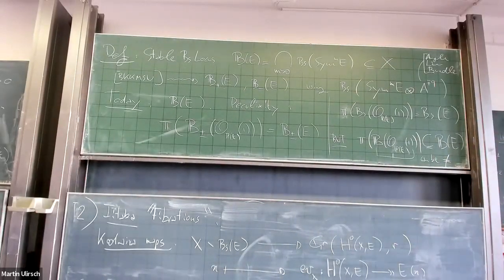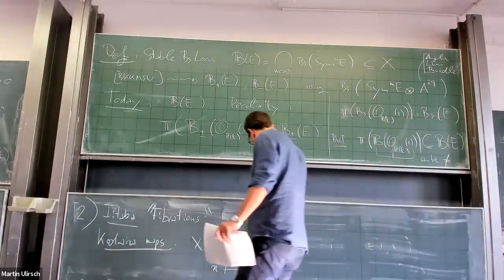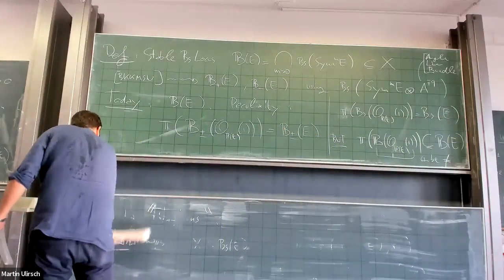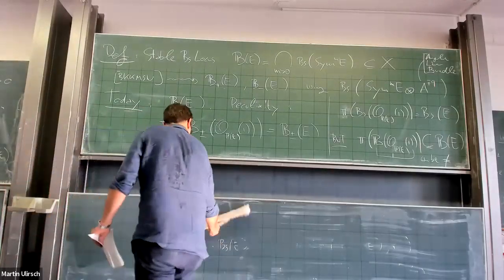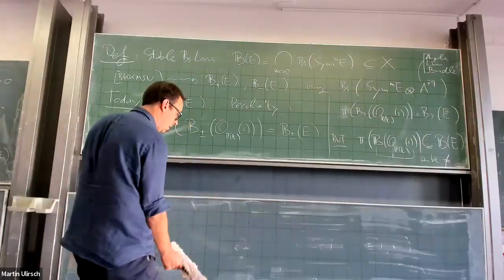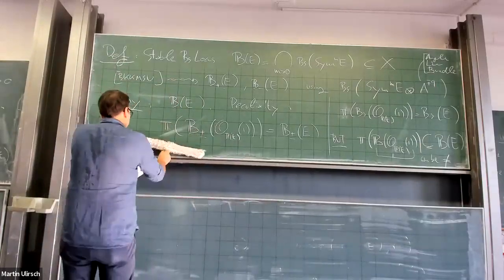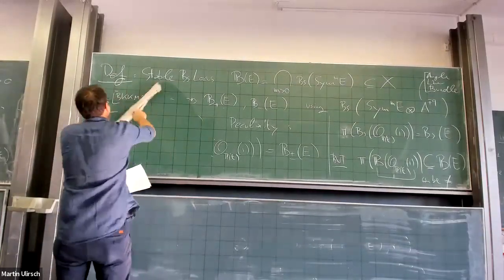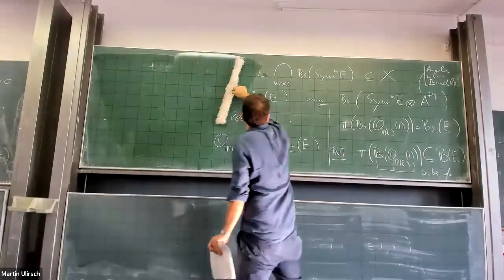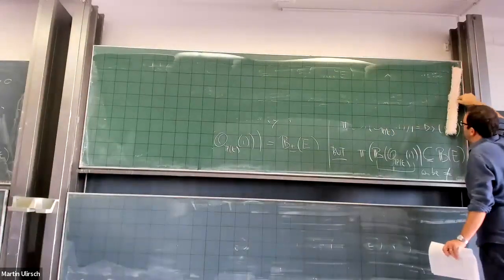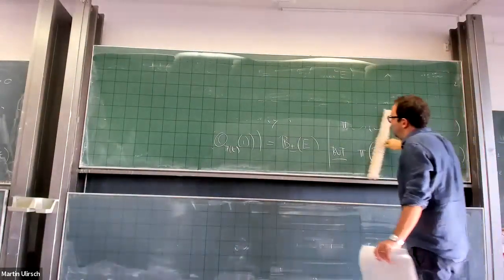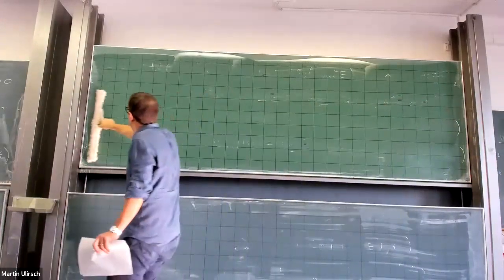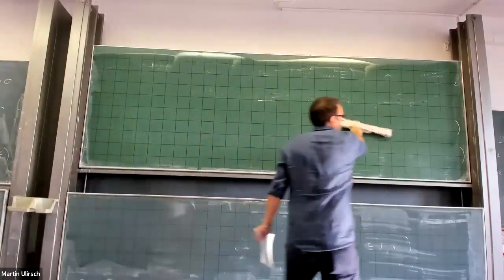Then we can consider a slightly more general case. What if the stable base locus of E is not the whole variety X?